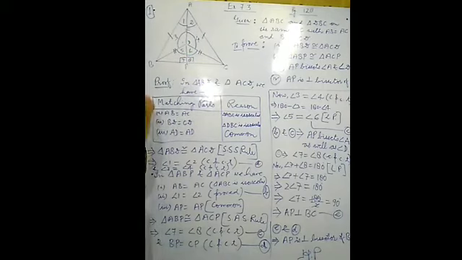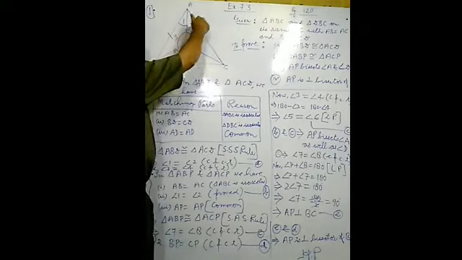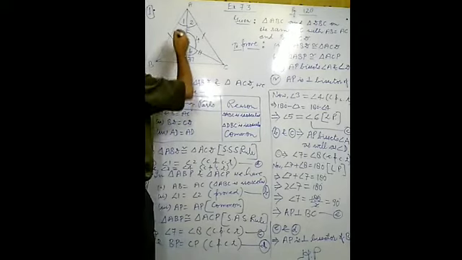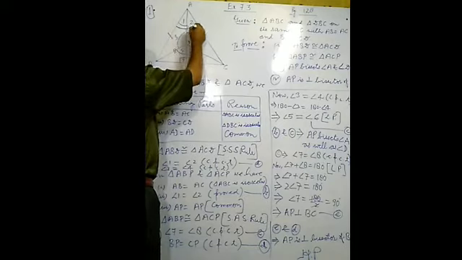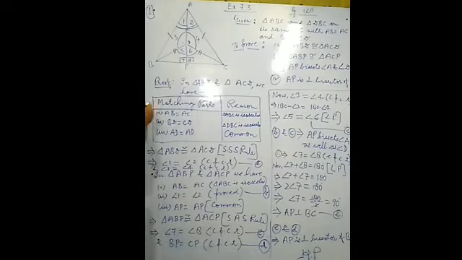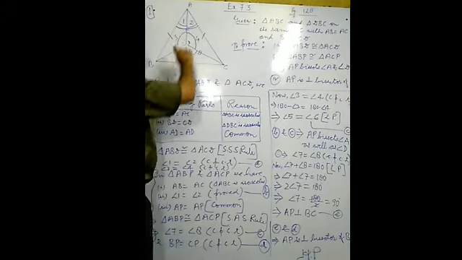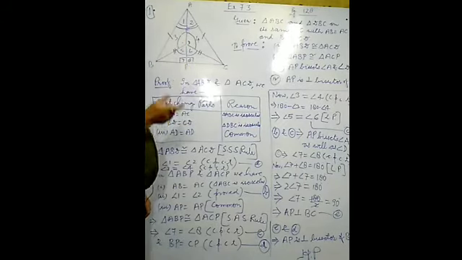AP is bisecting this complete angle A. So AP is the angle bisector of angle A. The first half of the third part is proved here. Again we have angle 3 equal to angle 4. This one we have already proved.